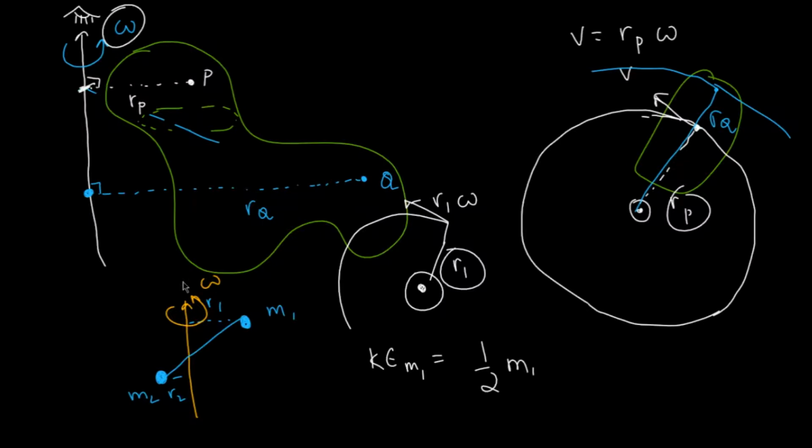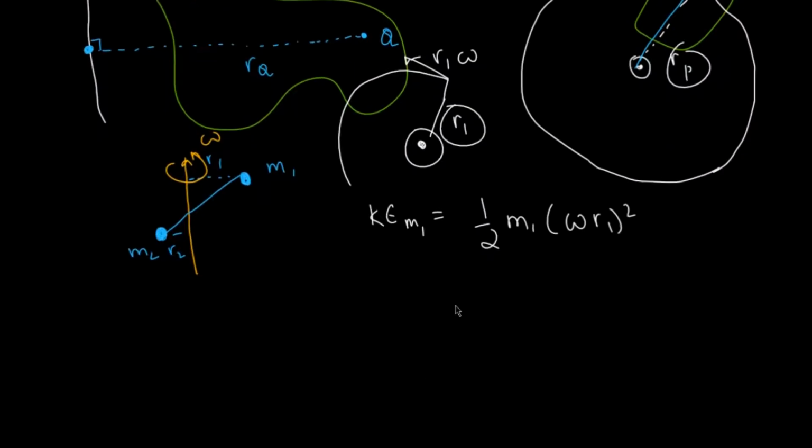Now the velocity, we know it's omega r1, so half m1 times omega r1 squared. You can similarly write this for the second mass that you have. So the kinetic energy of mass 2 is equal to half m2 omega r2 squared.